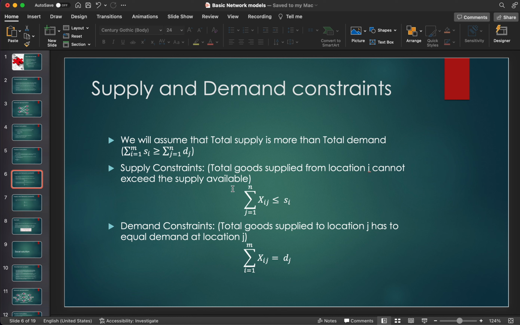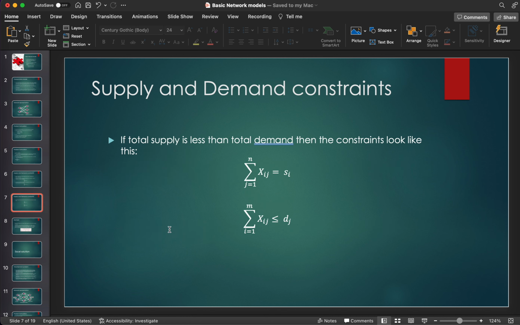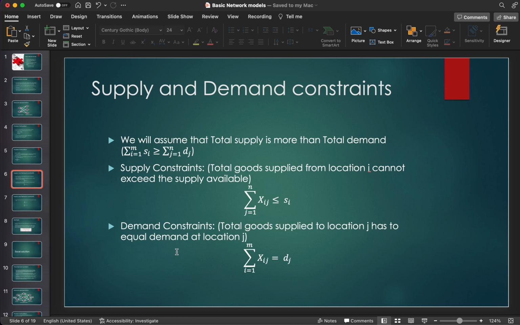If supply is more, all supply constraints are less than or equal to, all demand constraints are equal to. If demand is more, then all demand is less than or equal to, and supply is equal to. But if both supply and demand are exactly equal to each other, so you have a balanced system, then you can write all your constraints as equal to constraints, right? All of them have to be equal to constraints. So that's something to keep in mind.